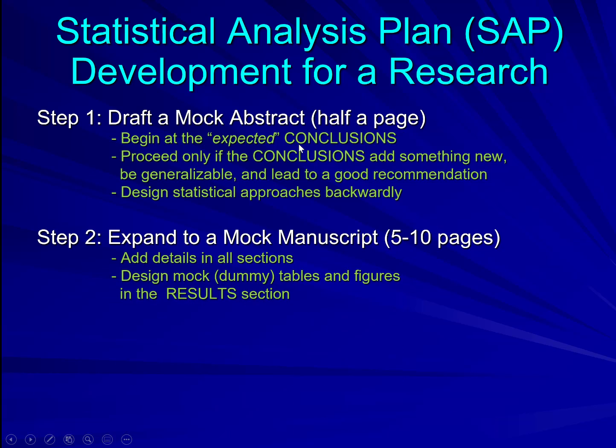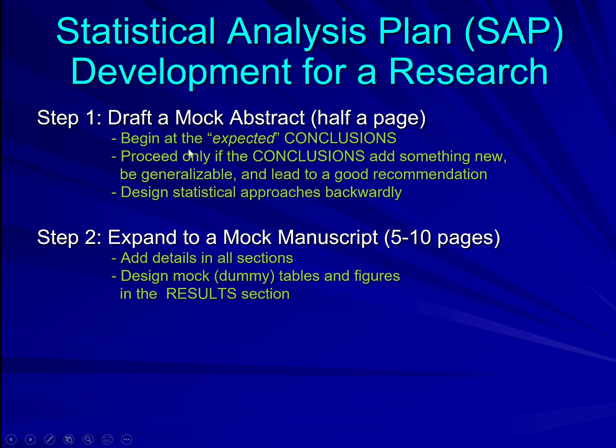Step 2, after you have a good abstract which has no data or results yet, you can expand from half a page to about 5 to 10 pages in the format of the manuscript without the real results, the so-called mock manuscript.